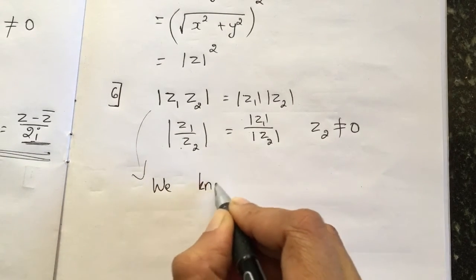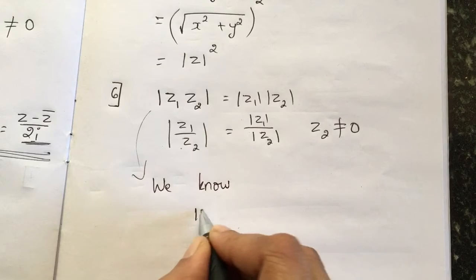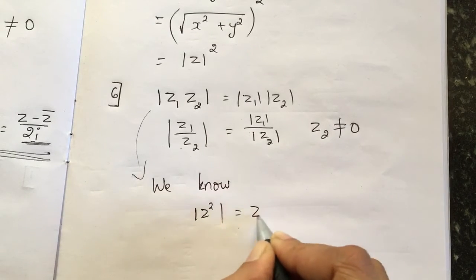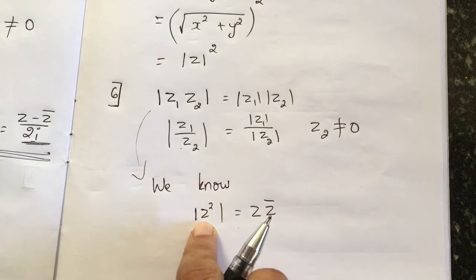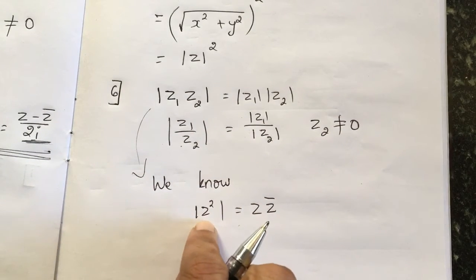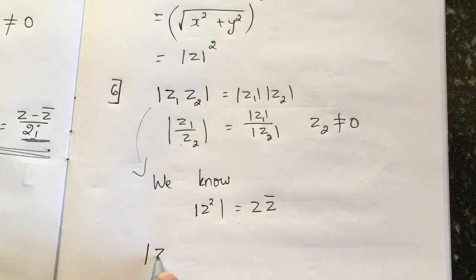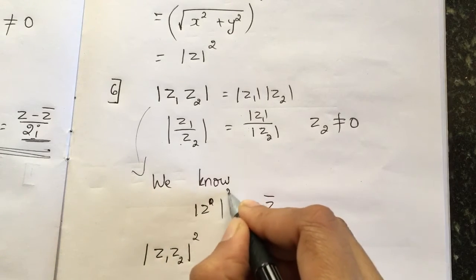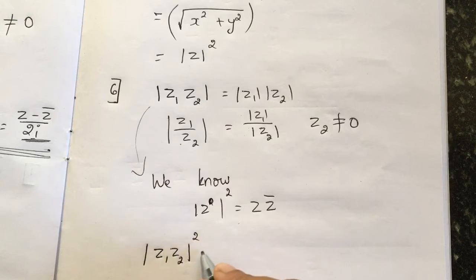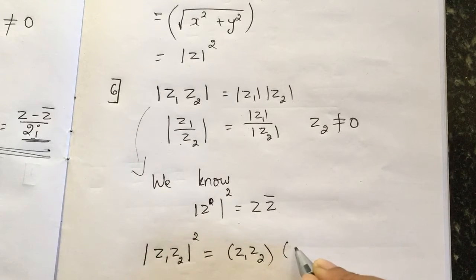We have studied now mod z square is nothing but z into z bar, right? Now instead of taking z square, I'll take, say, mod z1 z2, it's a square. Now this is same as writing z1 into z2 and conjugates of z1 z2.